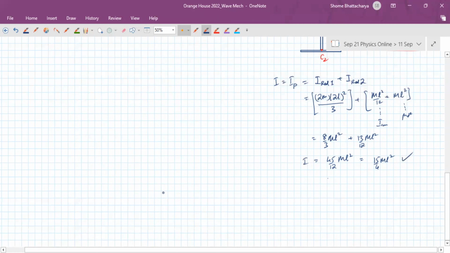So now our formula for time period. Now m is the total mass, remember. So in this formula, m is the mass of the rigid body. So here it is 3m.